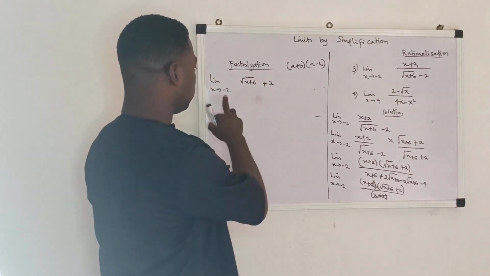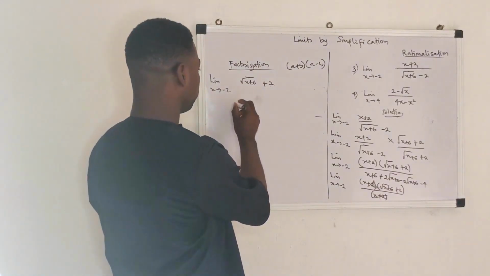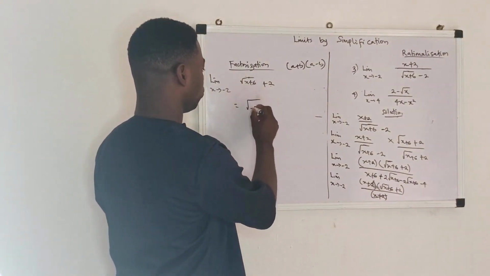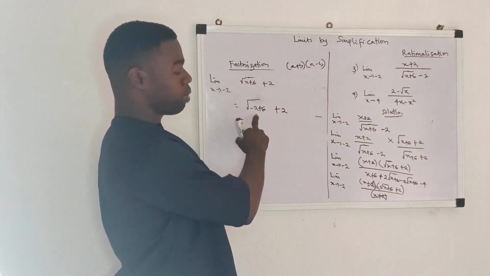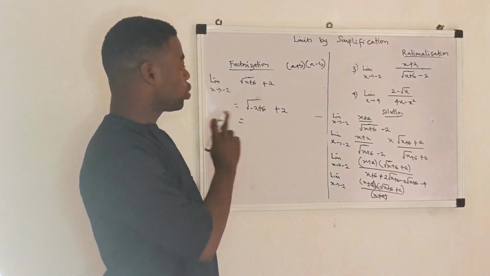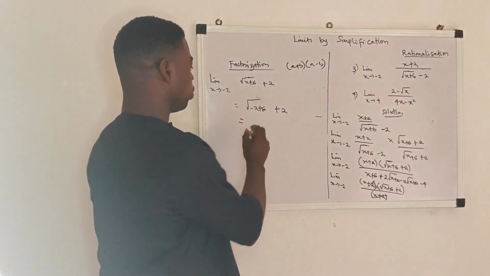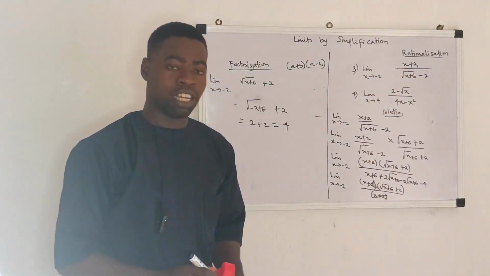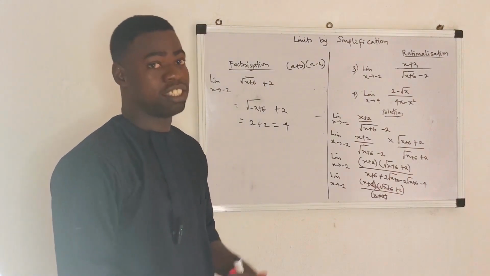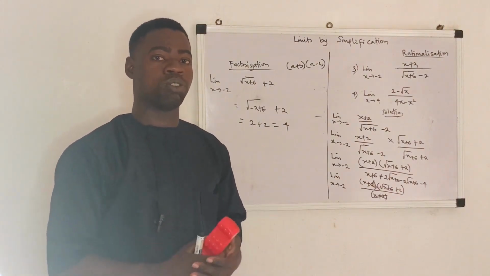Substituting x approaches -2, this becomes square root of -2 plus 6 plus 2. -2 plus 6 is 4, square root of 4 is 2, so this is 2 plus 2, which is equal to 4. And this is how you rationalize your denominator.